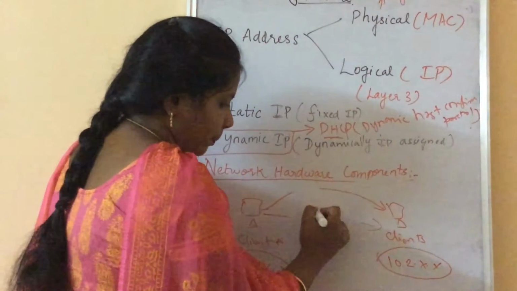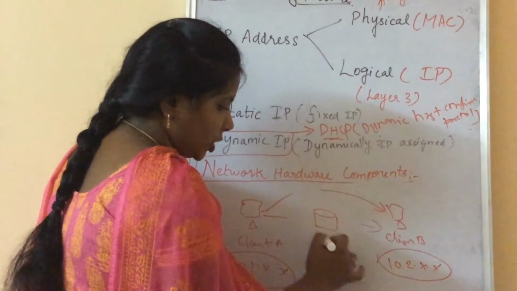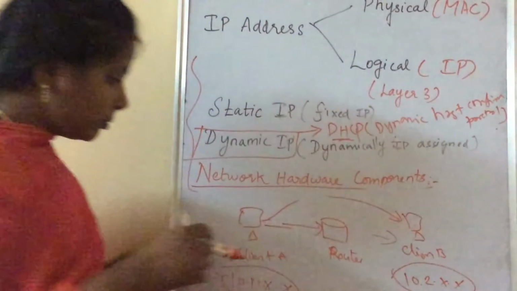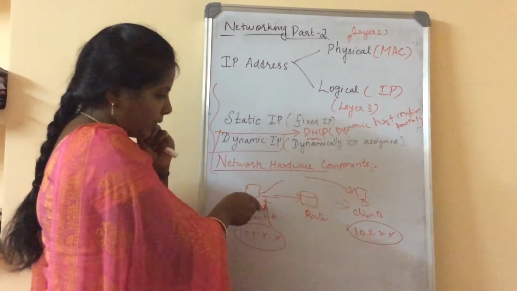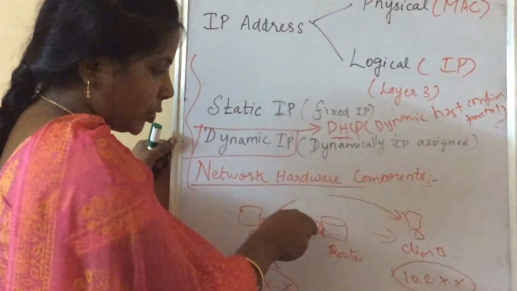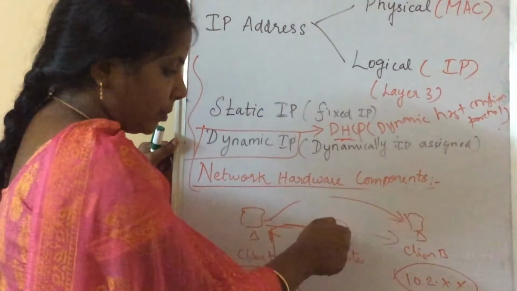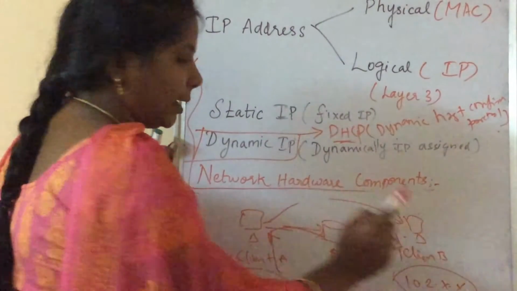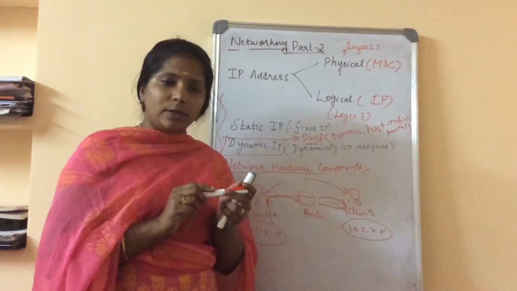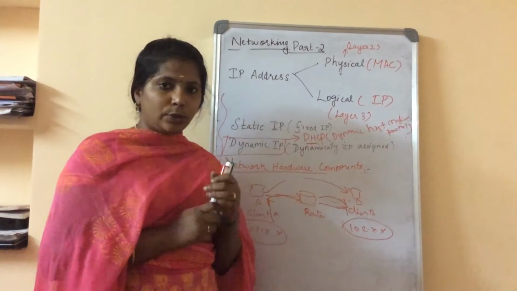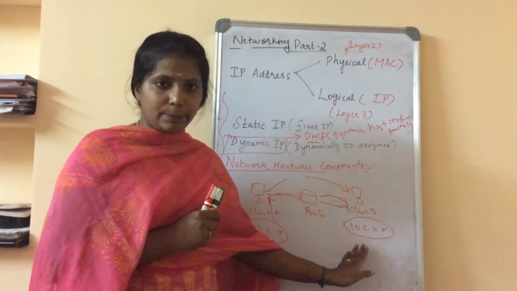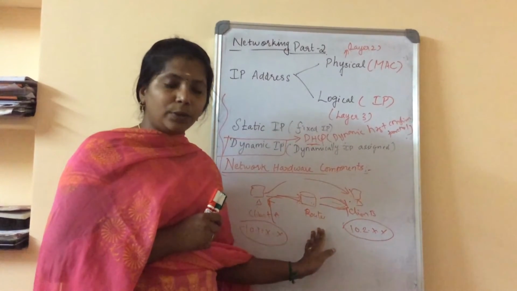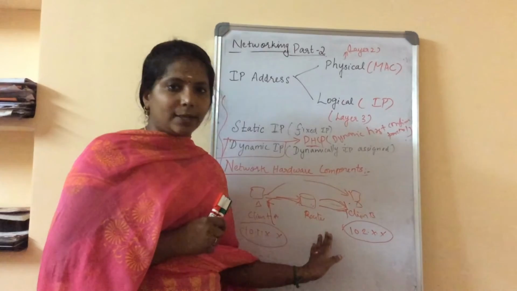So I need to place a router instead of a switch. What will the router do? It will learn the MAC address from here, broadcast, and then route the packet from client A to client B accordingly. So if you want to connect client A to client B, a router device should be used, since we are connecting to a wide area network, that is WAN connectivity.